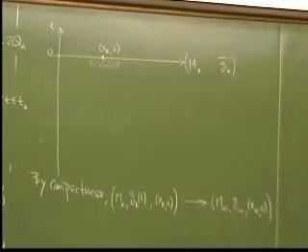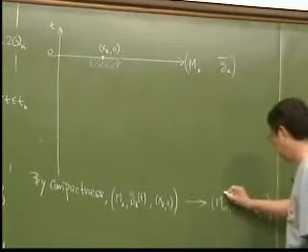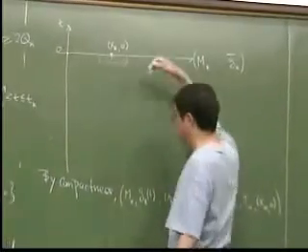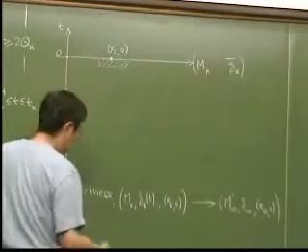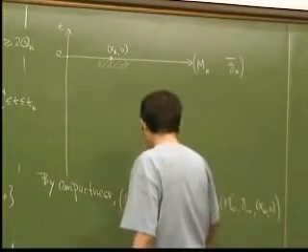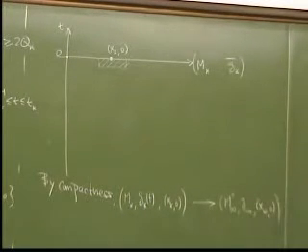But M infinity, I should put M infinity 0 here. It may not be complete. It could be only a bounded region, only the part where the curvature is bounded.